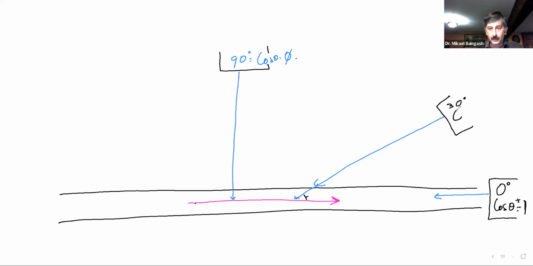Now, this 30 degrees has a cosine theta value equal to 0.87, or more accurately, plus 0.87.